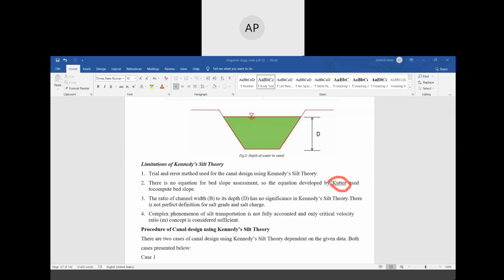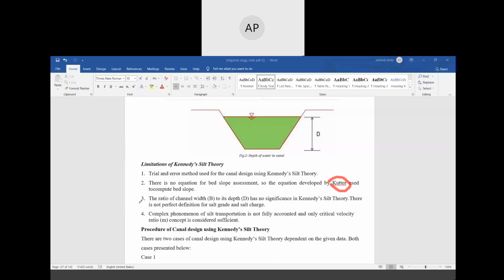Chezy's formula, and that one is your Kutter's formula. Manning's formula. So to compute the bed slope, Kennedy didn't provide any slope assessment. So the equation developed by Kutter is used to find out the bed slope.